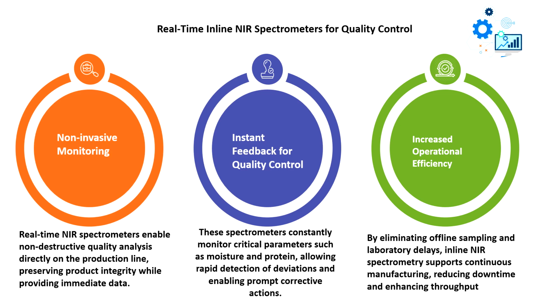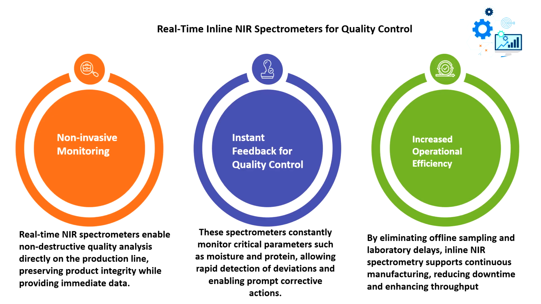Real-time inline NIR spectrometers for quality control. The first one is the non-invasive monitoring. Real-time NIR spectrometers enable non-destructive quality analysis directly on the production line, preserving product integrity while providing immediate data.